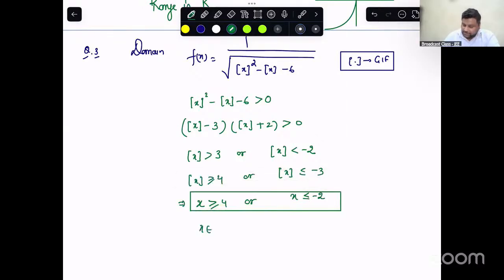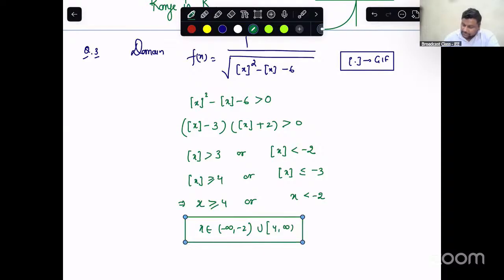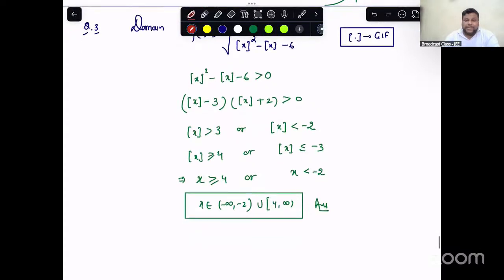So your x belongs to minus infinite to minus 2, minus 2 you should not include, union inclusive of 4 to infinite. This should be your answer. Understood? Any doubt here? Am I clear?